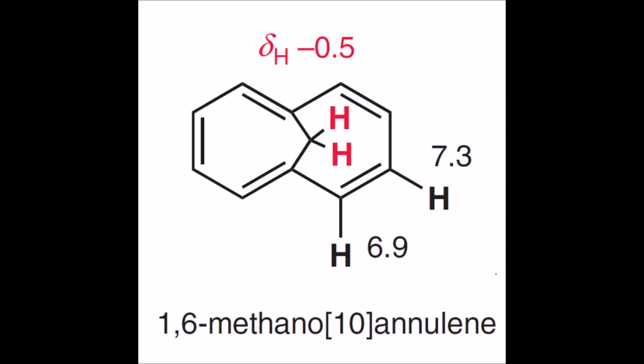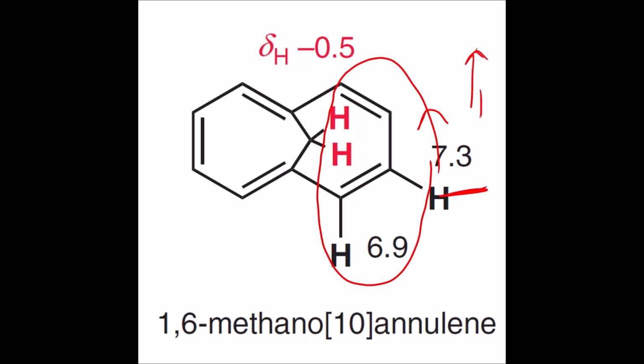One more example, again here, if I draw the ring current, it would be something like this. The black one is again the same as the external applied magnetic field B0. Here the B induced is the same for the black protons, that is why the chemical shift values are higher, for the aromatic protons around 7.